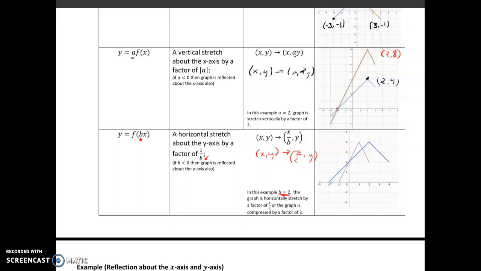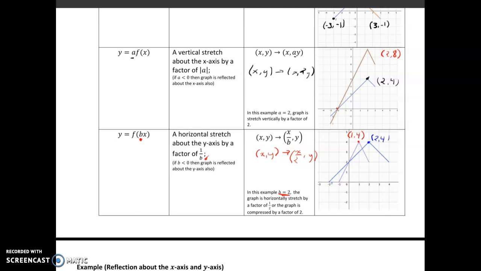I'm going to take this point up here, which was (2, 4). I ask myself, how did this point change? Well, since b was 2, it got transformed into (1, 4). In other words, we took the x value 2 and divided it by 2.